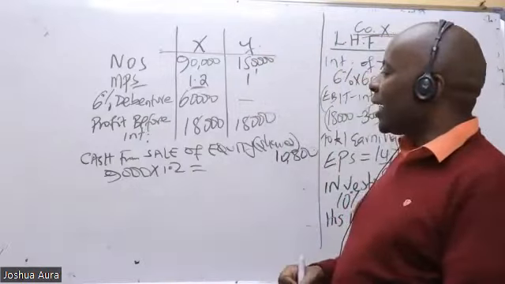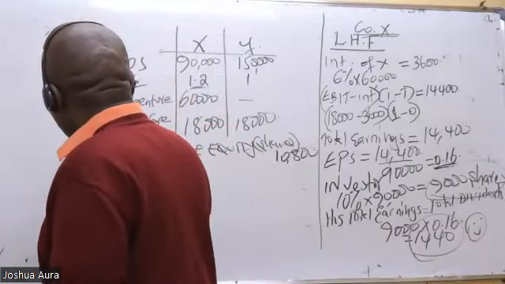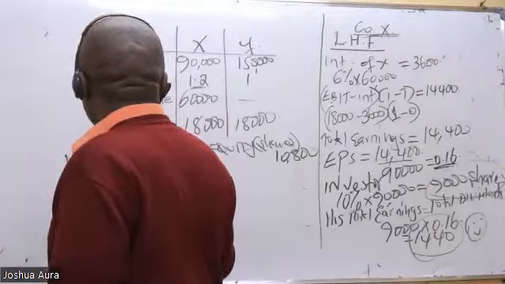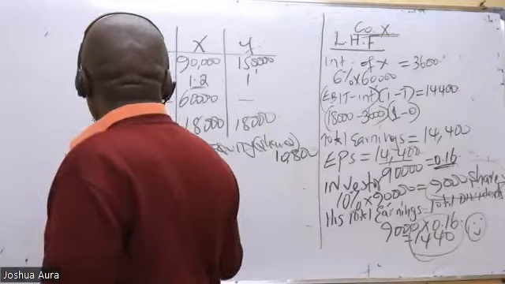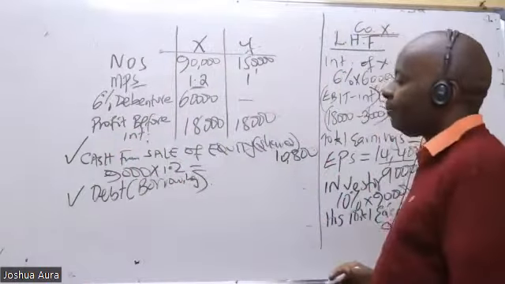So when you talk of cash from sale of equity, also remember that there is a debt instrument, the borrowing concept. I would want you to listen to me very carefully.